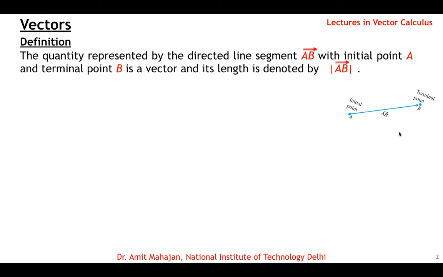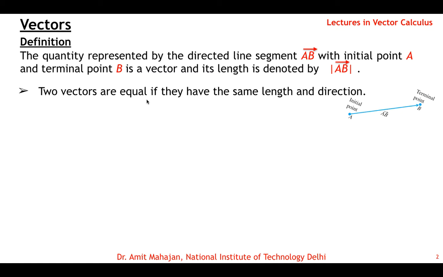We can have vectors in two dimensions, which can be an ordered pair, or we can have a three-dimensional vector of ordered triplet of real numbers. Two vectors will be said to be equal if they have the same length and direction.